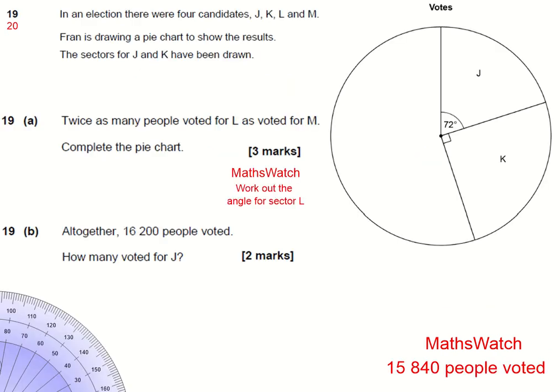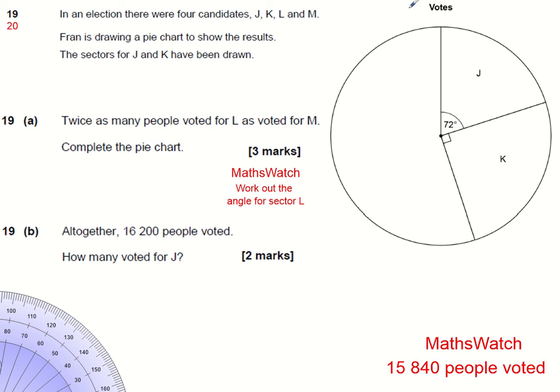Question 19. In an election there were 4 candidates, J, K, L and M. Fran is drawing a pie chart to show the results. The sectors for J and K have been drawn. Twice as many people voted for L as voted for M. Complete the pie chart.